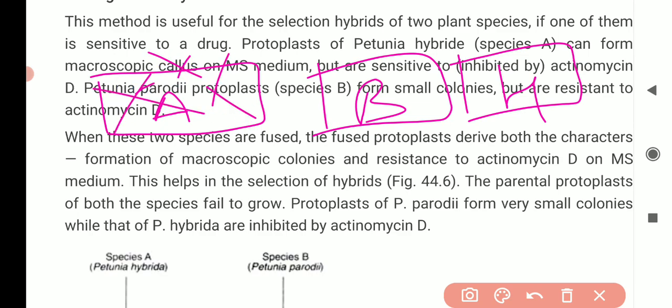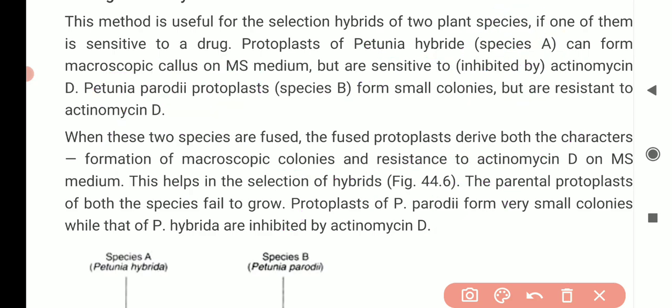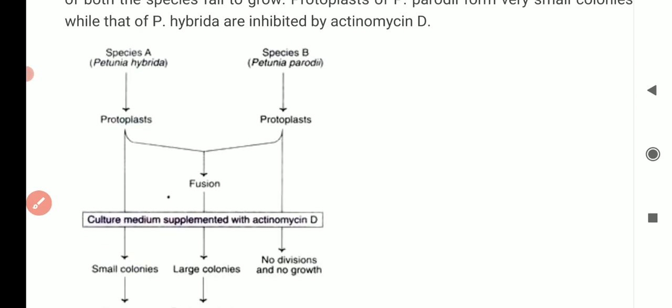B, all this has actinomycin D. B grew, but the callus is small, but the hybrid, just by observing, the callus is big, so then you can differentiate the hybrid from the other one.